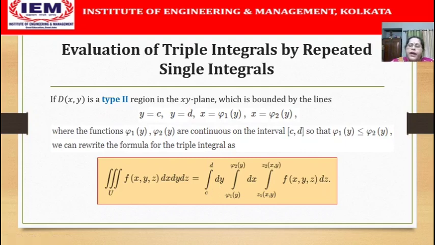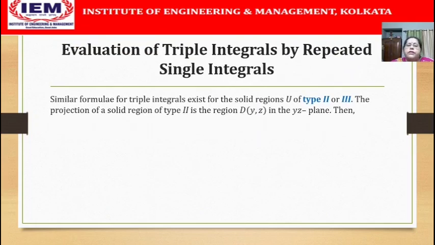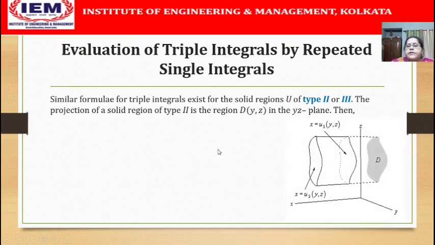So we have seen how to evaluate triple integrals for type 1 region. Next we will see the type 2 and the type 3 regions one by one. Now, what is a type 2 region? Let us see in this figure.